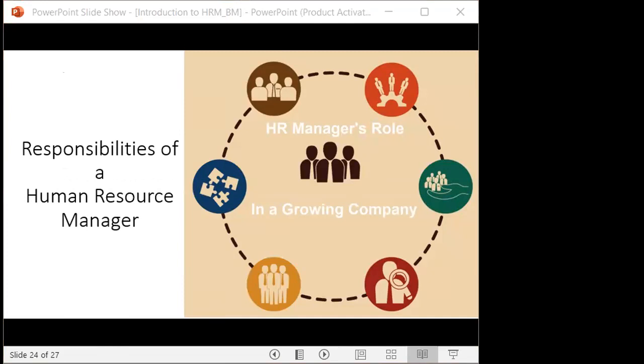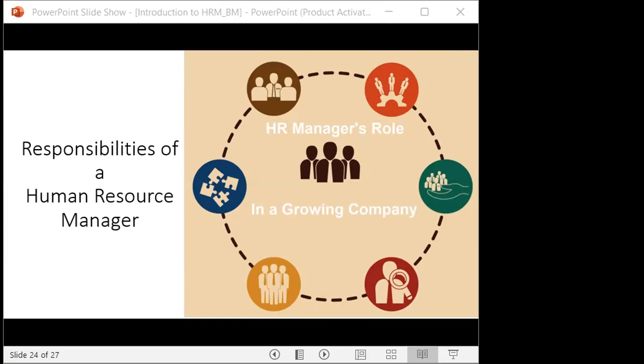Simply go to topjobs.lk and search for HR manager vacancies, and you can see the duties and responsibilities of a human resource manager. There you can understand what the responsibilities of human resource managers are.